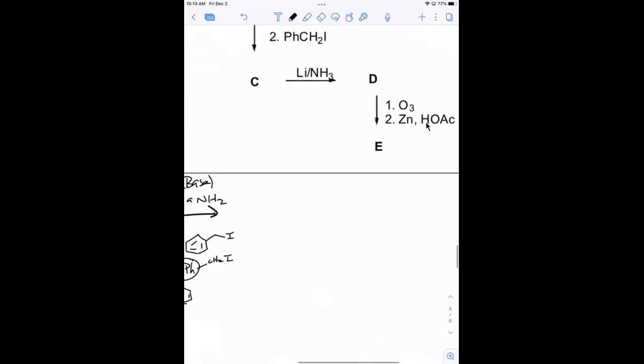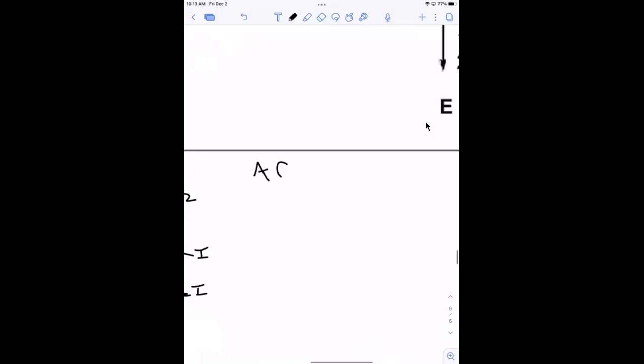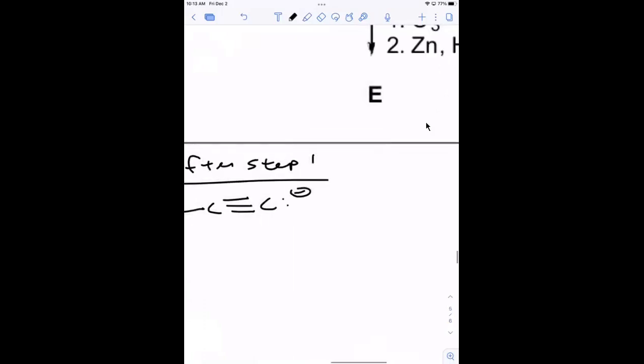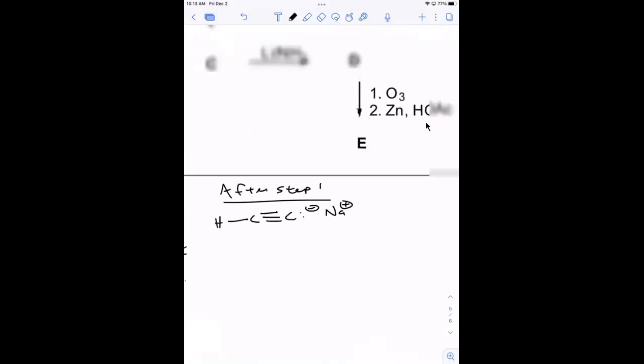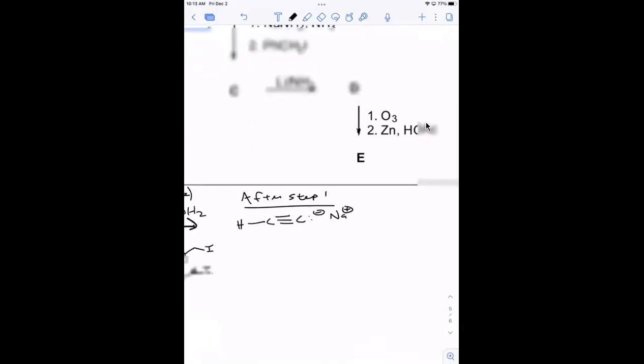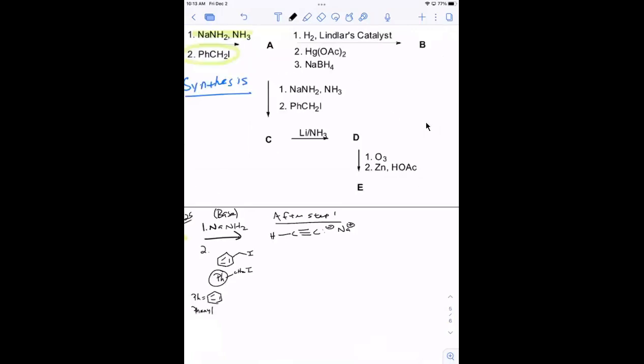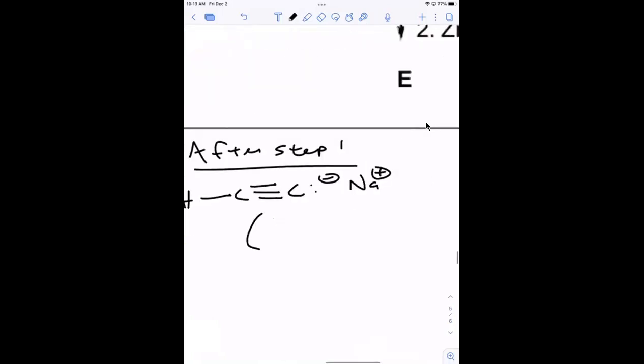So after step 1, I'm going to have this as my product. And I'll put the sodium out here because that's what actually happens. Sodium is positive, and it's going to form a salt with that acetylide anion. We talked about this Wednesday.